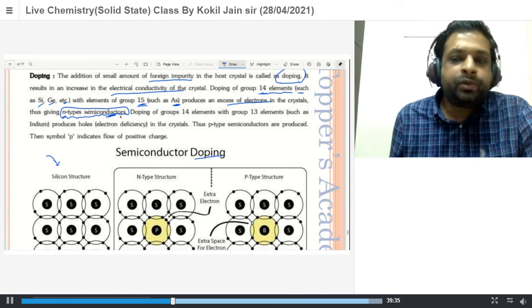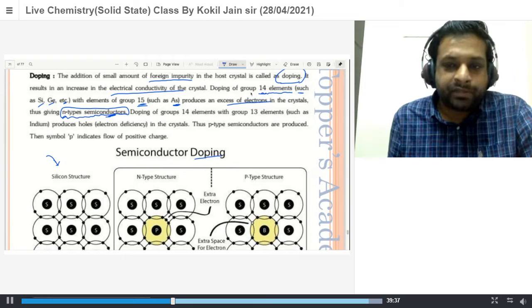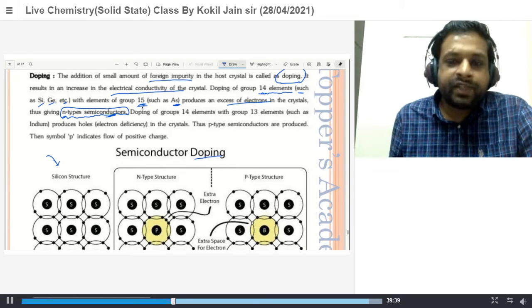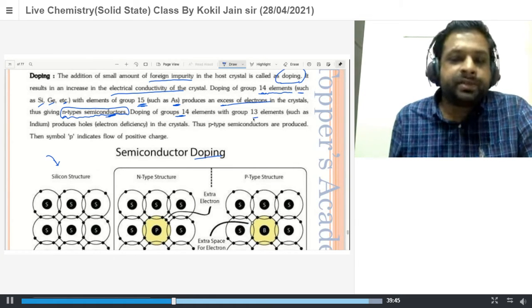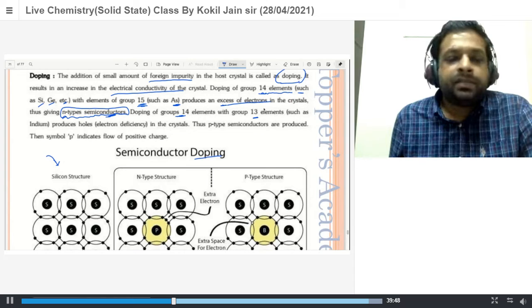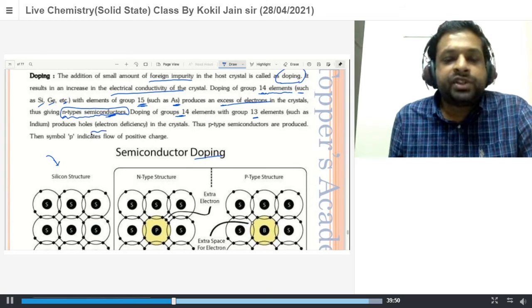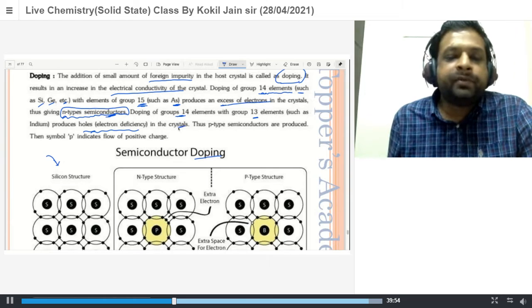When we dope a group 14 element with group 15, we get an N type semiconductor because of the excess of electrons. But when doping of a group 14 element is done with a group 13 element, it produces electron deficiency holes in the crystal. In this type, holes are produced, and we call it a P type semiconductor.